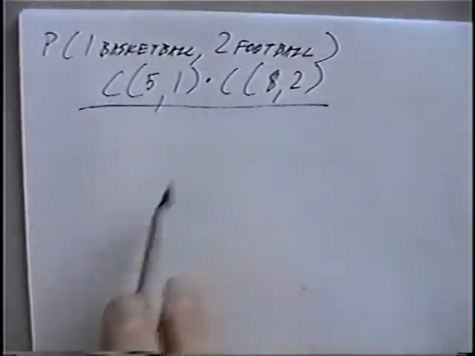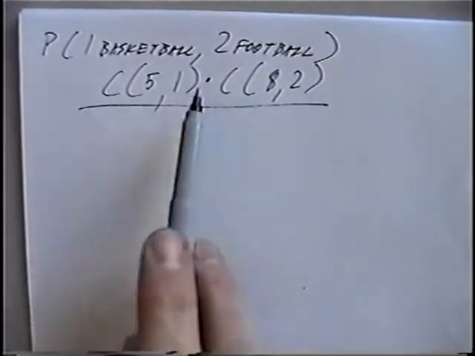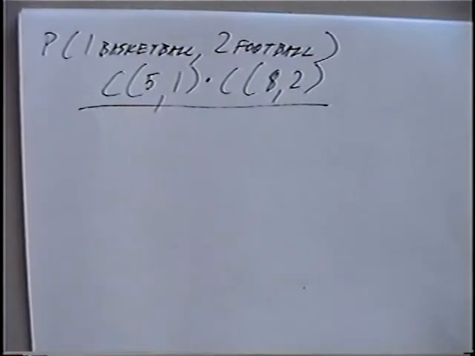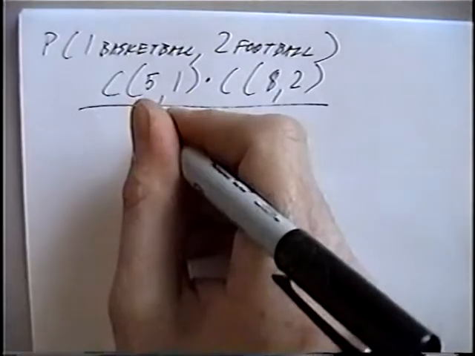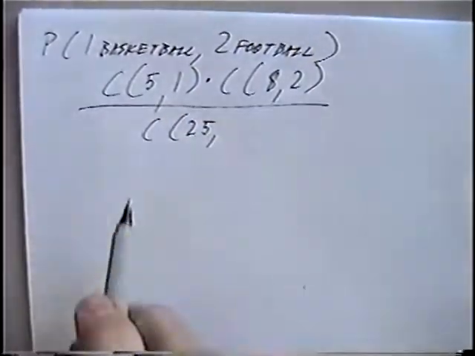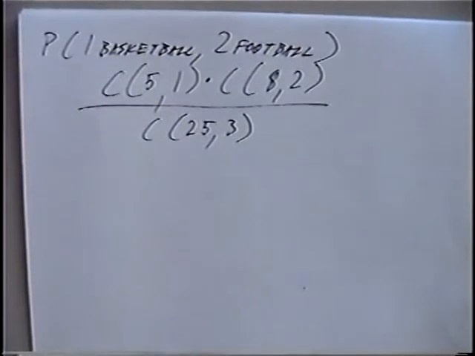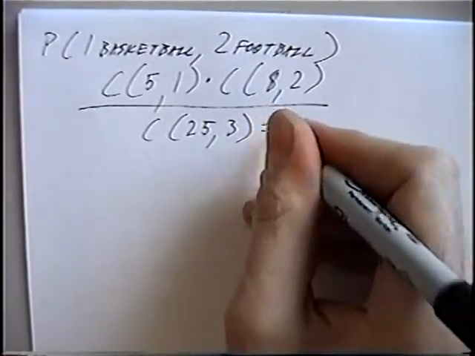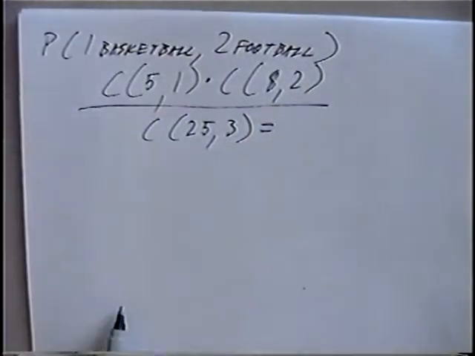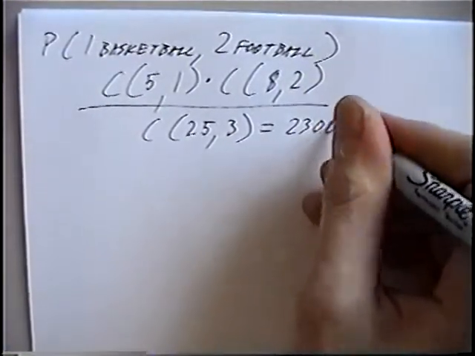So for the number of successes for 1 basketball and 2 football cards, we can find the 2 combinations and multiply those together. For the denominator, we'll have a combination. There's 25 cards total in the box, and we're picking out 3 total cards. One shortcut we can use, that previous question we actually solved, combination 25, 3, and that was equal to 2300.